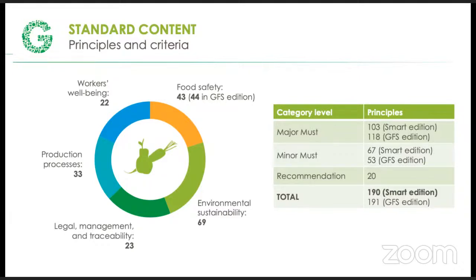And as I said before, these are broken down in terms of food safety, there's 43 or 44, workers' well-being, 22 of them, production process, 33, legal management and traceability, 23, and environmental sustainability, 69 principles that are out there in the standard that we have to consider to be certified.